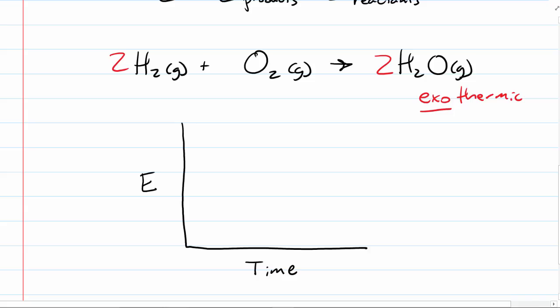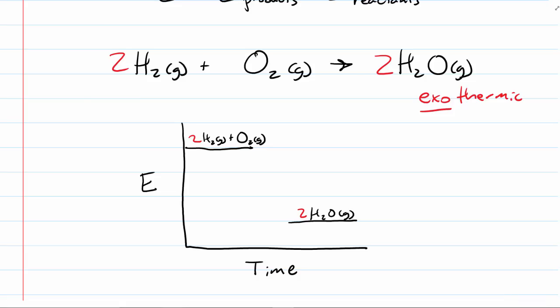If it releases heat, that means it starts where? It starts high and winds up low. So on the plot here, we start high, we end down low. This over here is your hydrogen and oxygen gas, and sitting down below here, this is your water in the gaseous phase.